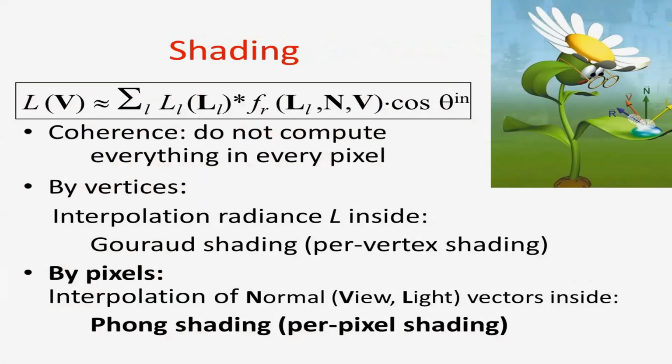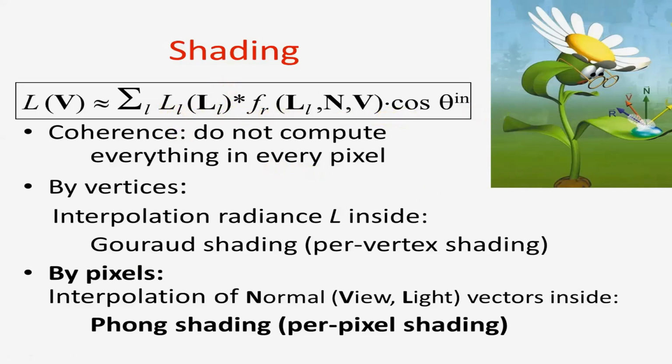When a triangle point turns out to be visible, its color should be computed and written into the frame buffer. According to physics, the color is the radiance calculated in the direction of the eye, which is the sum of the contributions of abstract light sources in the local illumination model. For a single light source, the radiance is the light source intensity multiplied by the BRDF and the geometry factor.